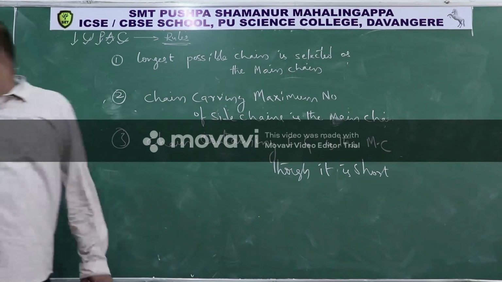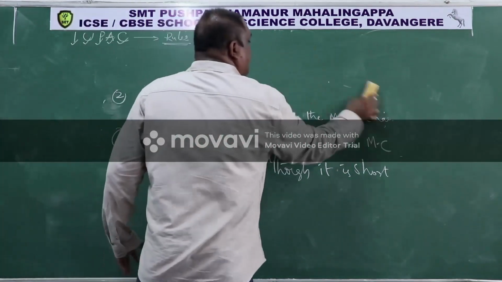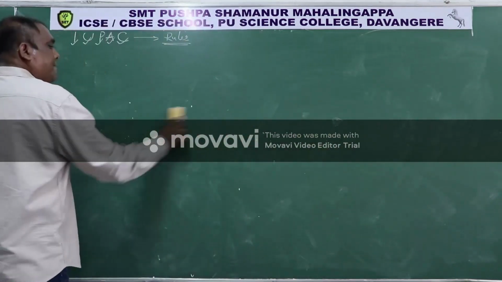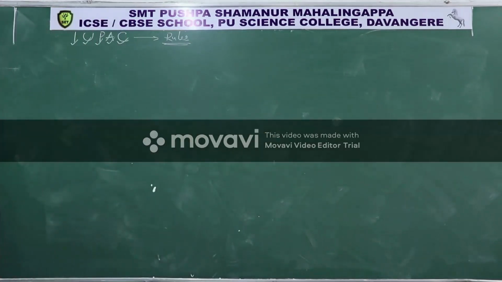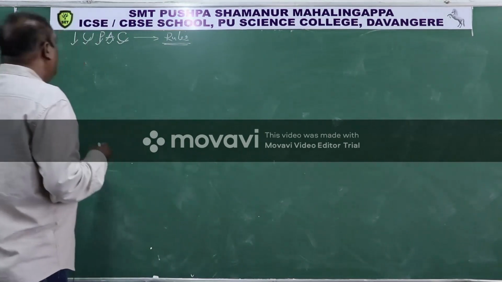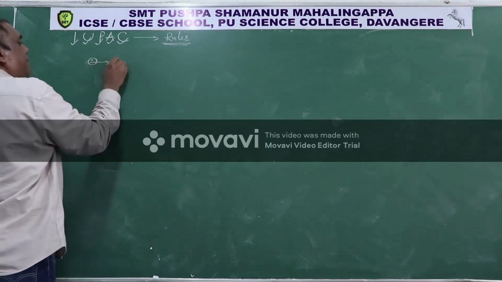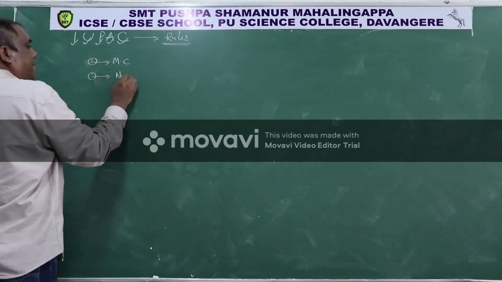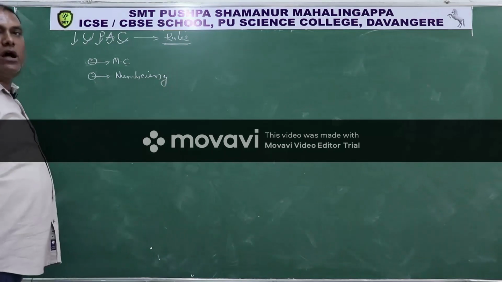So first is selection of main chain, then second is numbering the carbon atoms of the main chain.